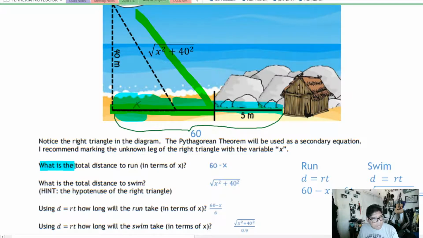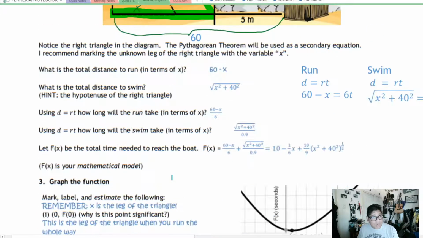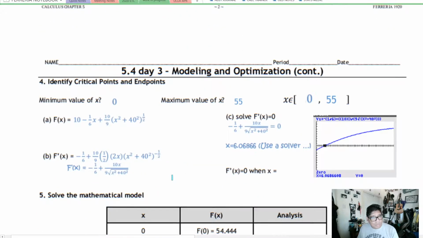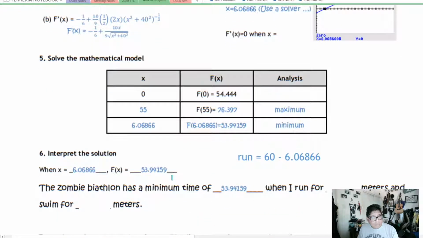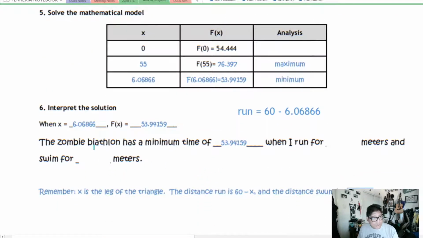And that was even written over here. What's the total distance to run? It's 60 minus x. So coming back down to our interpretation, the Zombiathlon has a minimum time when you run for, well, it turns out that you run for that 60 minus 6.06, which is about 53.93. What about how far did we swim?